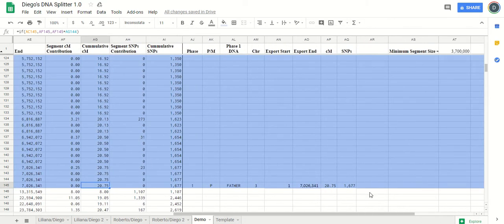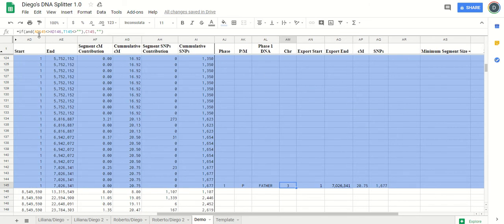And now we get to the output. The output basically is based on this one here. What this formula is saying is, if the cumulative start, this column here, changes value, so you can see that it's changing from 1 to 8.5 million, and column T, which refers to the designation of the segment, whether it's paternal or maternal.